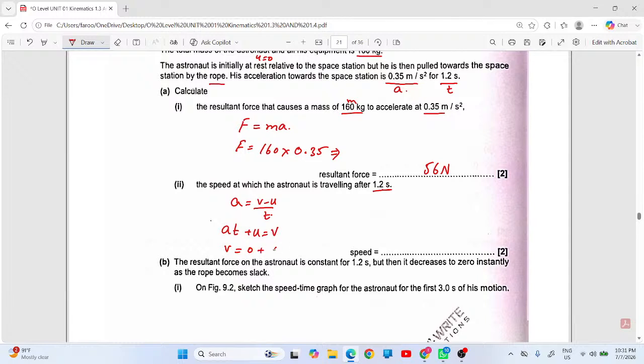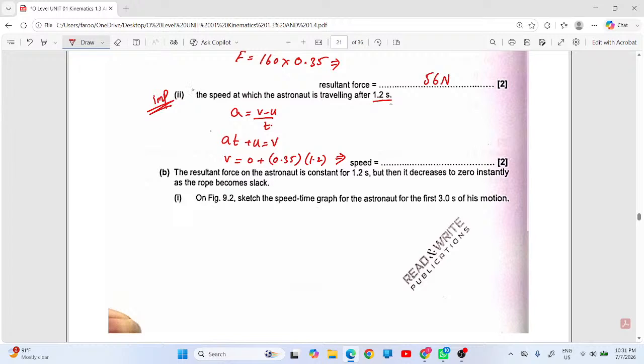Acceleration is 0.35. The time is 1.2. Check करें. 0.35 times 1.2, 0.42.